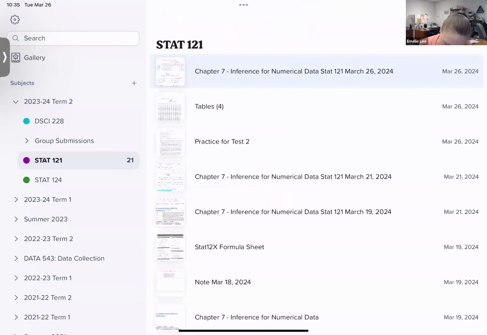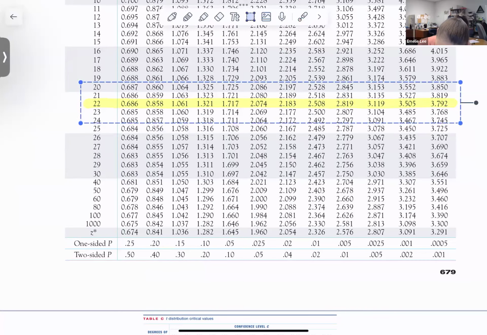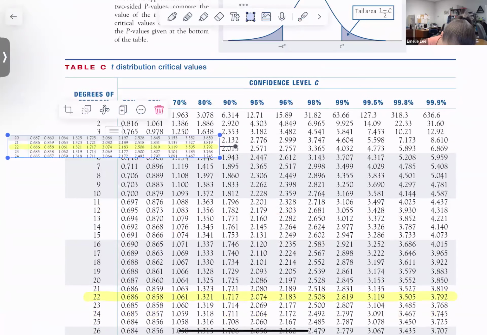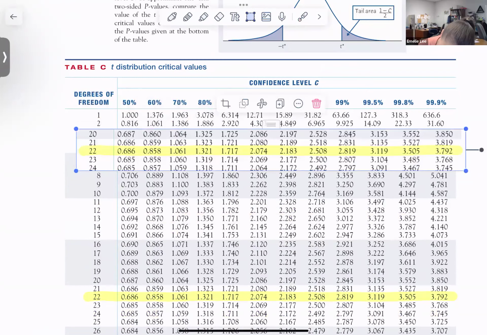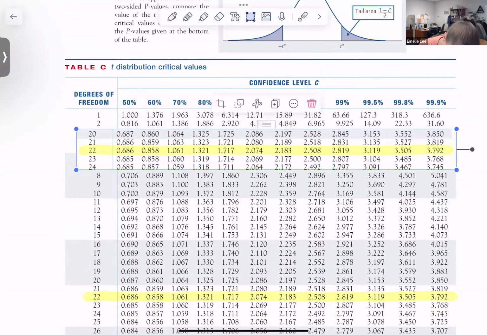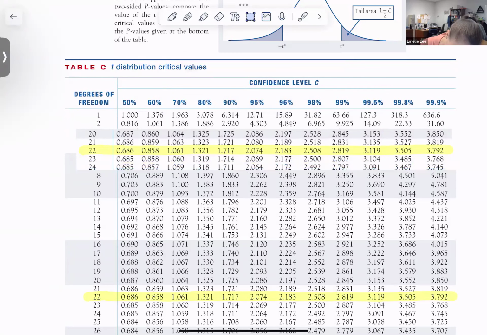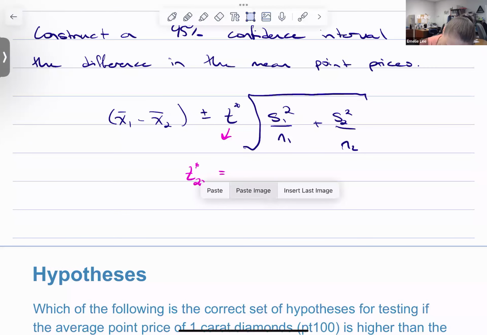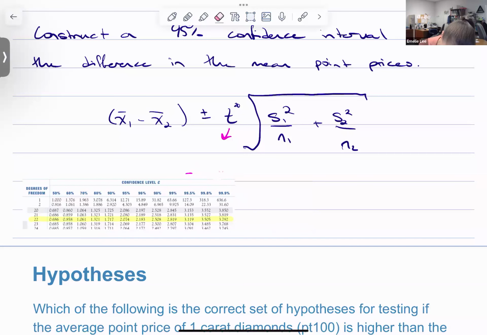So from our table, maybe now I'll do the same thing. Copy, but bump it up here. Need more room.